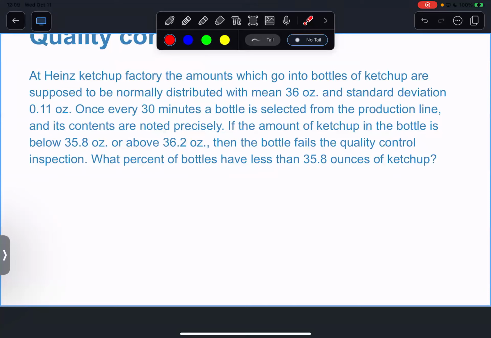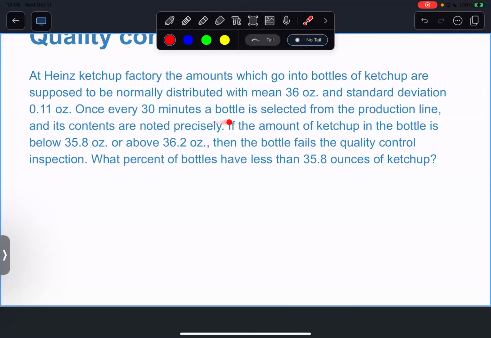Usually we don't react to an overfilled bottle; usually we react to, this isn't full, right? And so now we're going to be able to find probabilities associated with that, which is how you make the claim that I got an underfull bottle of ketchup, which is also what the quality control team is trying to avoid.